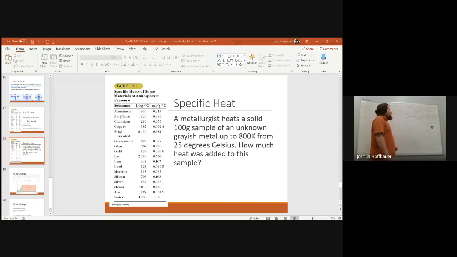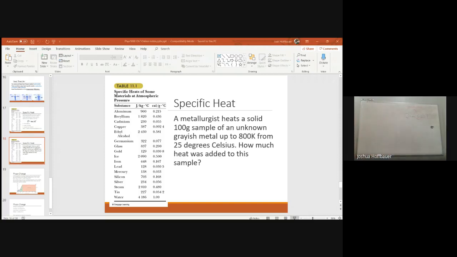Because if you know the mass of something, how much thermal energy you add to it, and how much its temperature changes, then you can estimate its specific heat, and then you can look at our handy-dandy specific heat table to figure out what it's made of. So there are scientists who use this method almost exclusively to figure out what something is made of. It's useful for that reason.